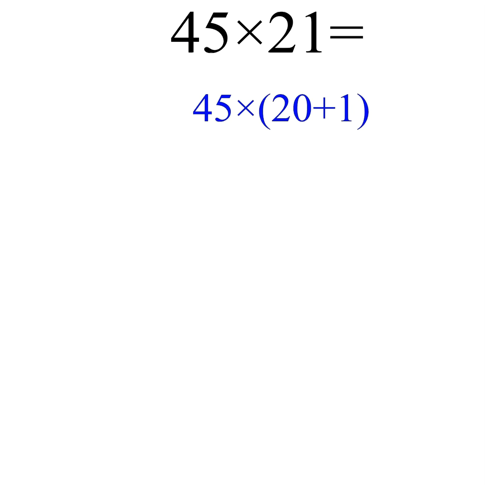And according to the distributive property of numbers, we could first multiply 45 by 20 and add it to 45 times 1, which is equal to 45. So 45 times 20 equals 900 plus 45 would be 945.